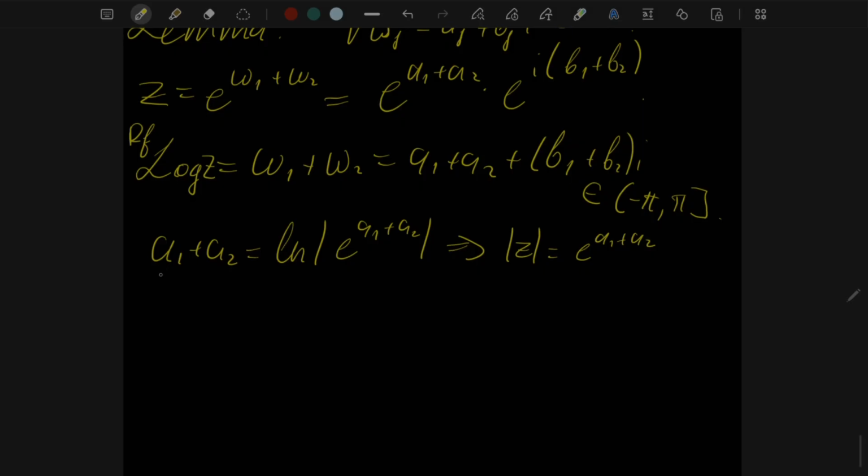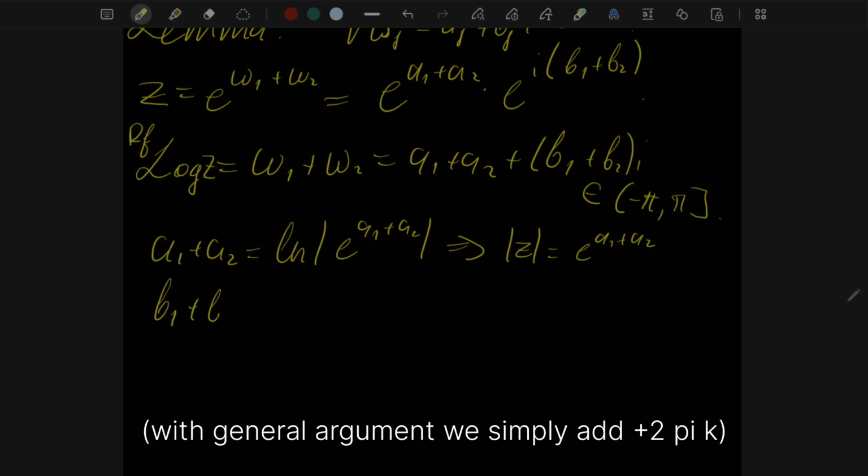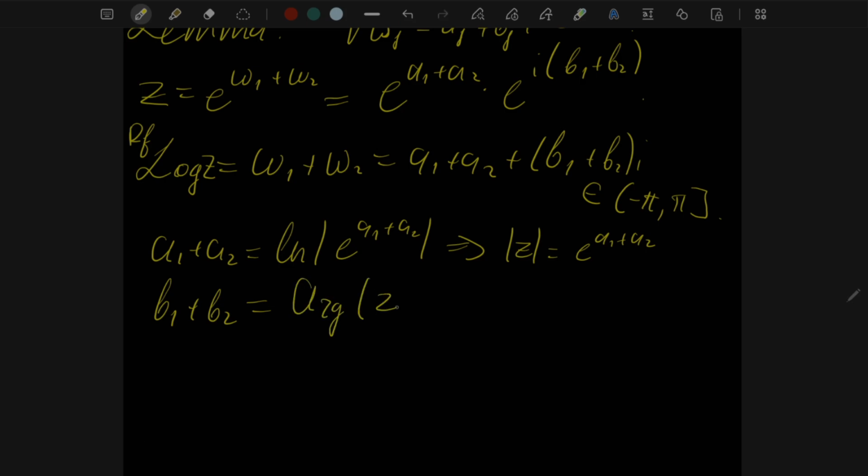And similarly, b1 plus b2 will be the argument of that.